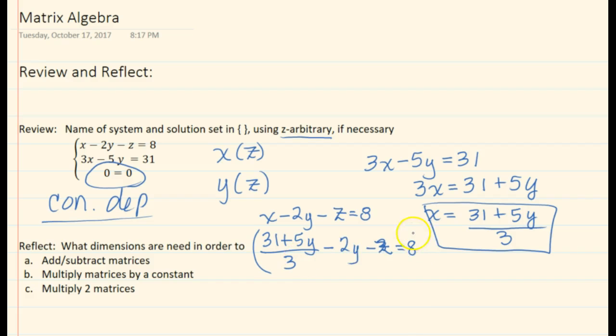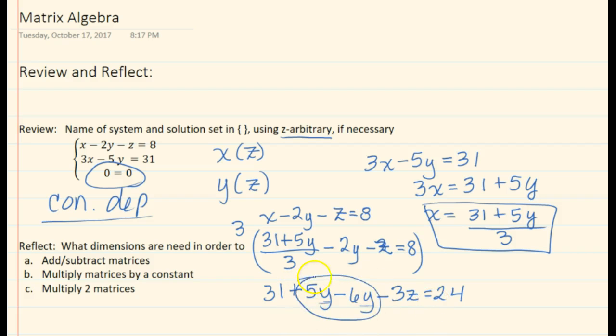Because you guys love fractions, I'm going to multiply everybody times 3, so I get 31 plus 5y minus 6y minus 3z is equal to 24. From here, notice that the only thing we don't know is y.